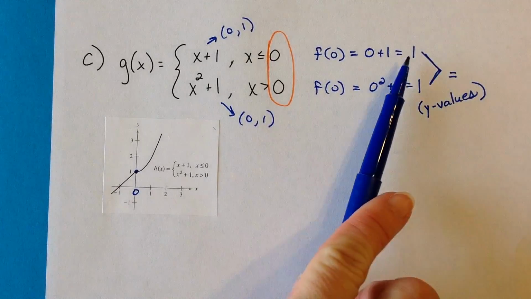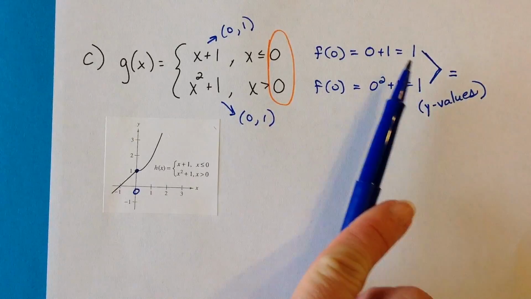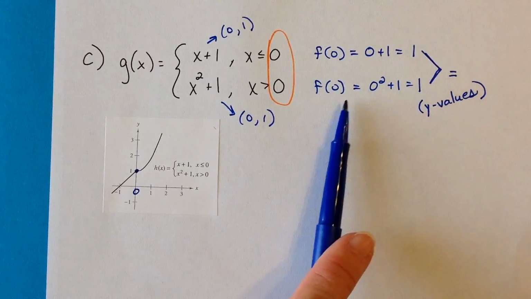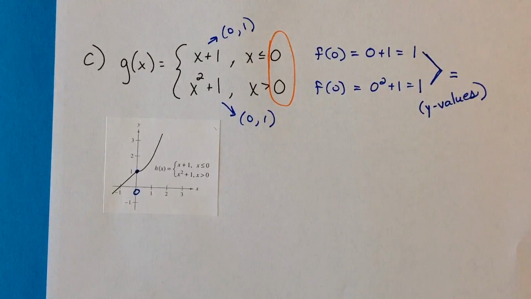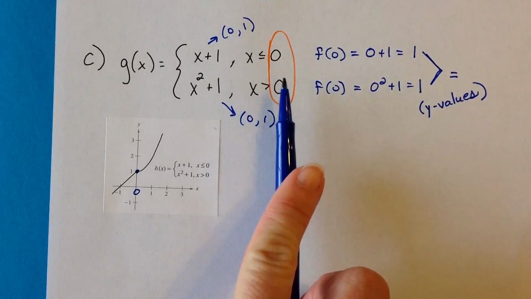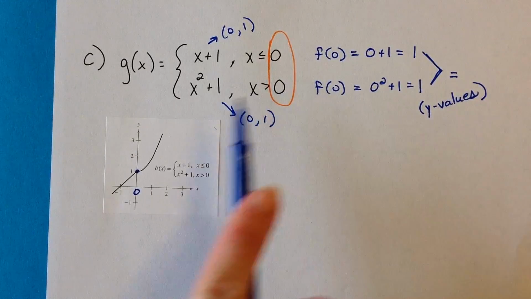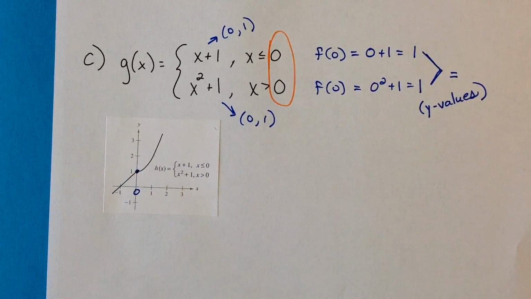So if these don't come out to be the same, like you got a 1 here, but let's say we got a 4 here, that means the pieces are not going to connect up, and you would have a discontinuity, okay? Now, if this is the only place that I've got to check is x equals 0, and they connect up, then that means this one doesn't have any discontinuities at all.